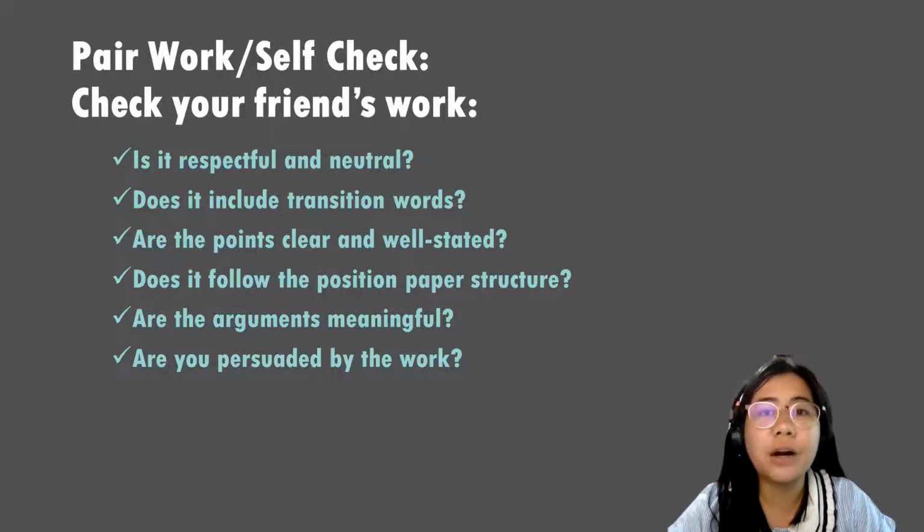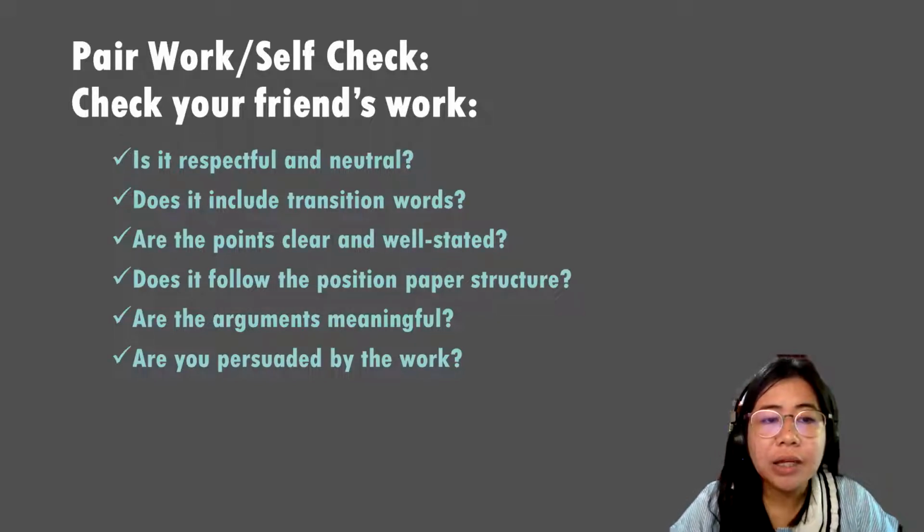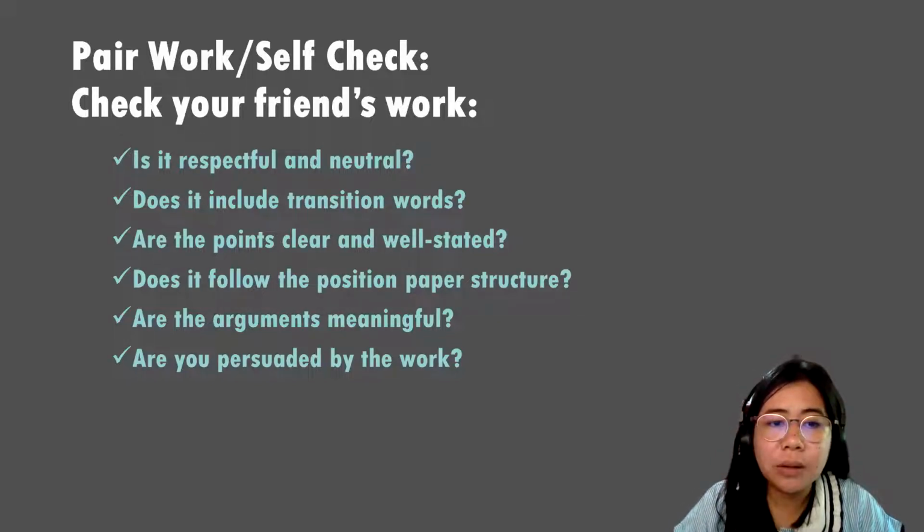You can look for a pair or a partner to check your work, and then you have to analyze if the paper is respectful and neutral. Does it include transition words? Are the positions clear and well stated?